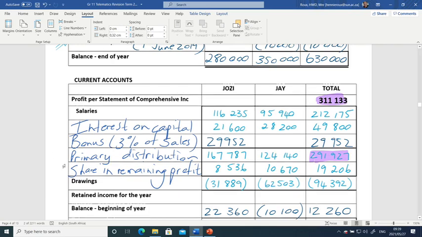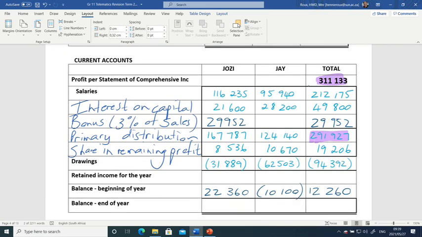So what part of the profit did Josie receive? The primary distribution plus his share of the profit to give him 176,323. That's his part in the net profit. J, the primary distribution, plus the share in the final distribution, 134,810. And again, the magic, those two must add up to the net profit.